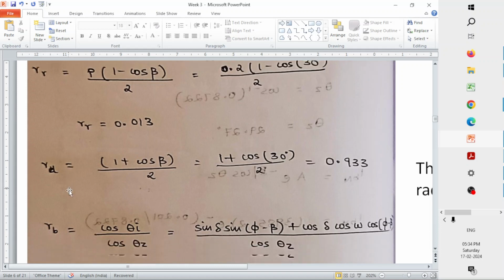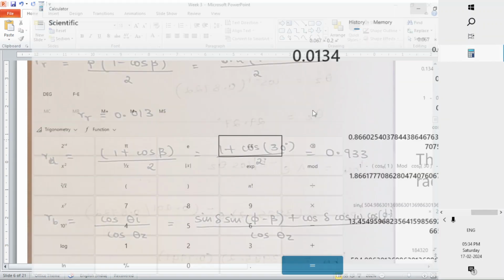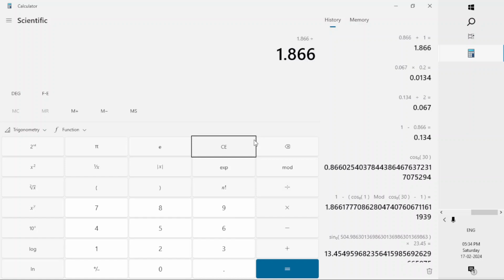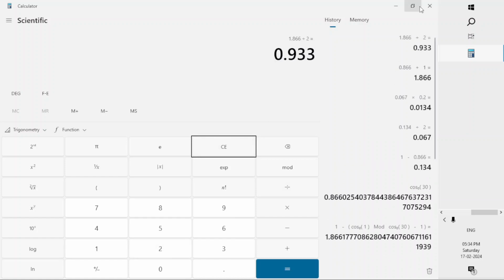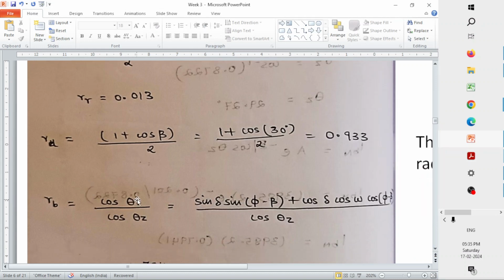Now you have to calculate the tilt factor for the beam radiation as well as for the diffusive radiation. For diffusive radiation the formula is (1 plus cos beta) by 2. Cos 30 is 0.866, plus 1, divided by 2, gives 0.933. So RD is the tilt factor for the diffusive radiation.